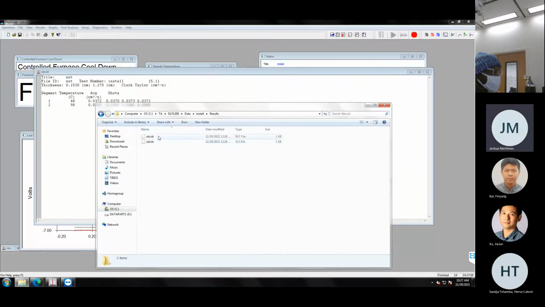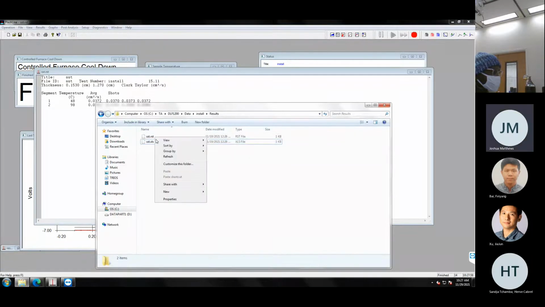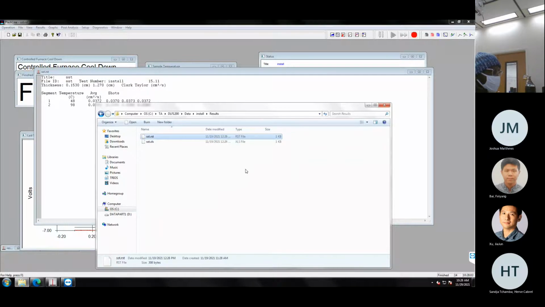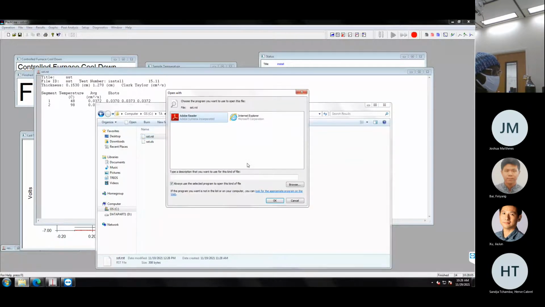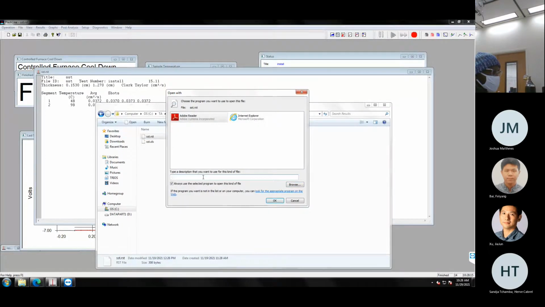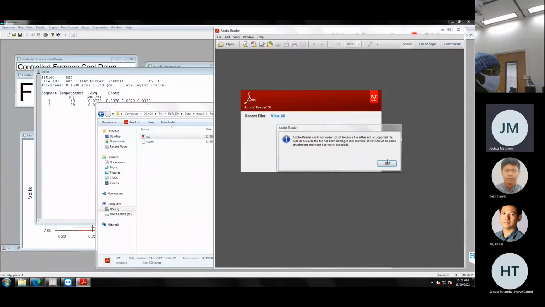Here's our results. Well, it already kind of shows up as a file, well, you don't have it, but it's fine. But yeah, if you open this, you can select the program. Oh, that didn't work.